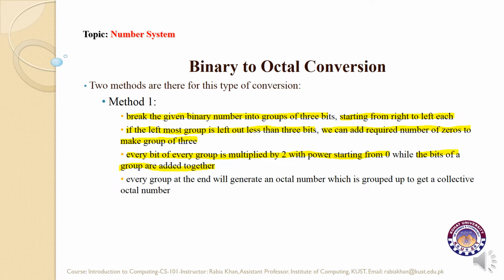And then at the end, all the groups will generate octal digits, which are then put together to form a collective octal number. Keep in mind, you cannot add the groups' numbers. The group's digits will be added together, but the individual groups cannot be added together. So let's see how we can apply this method on an example.